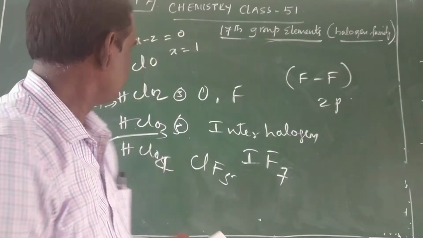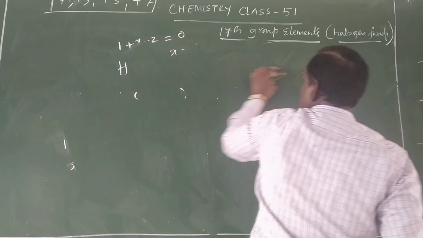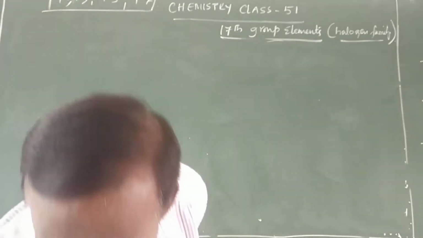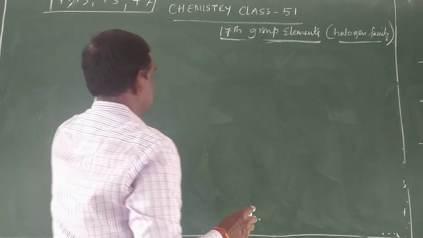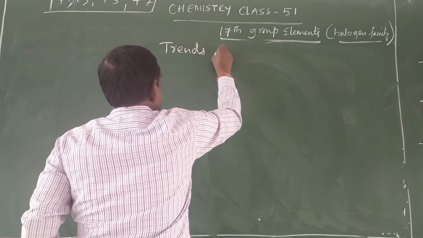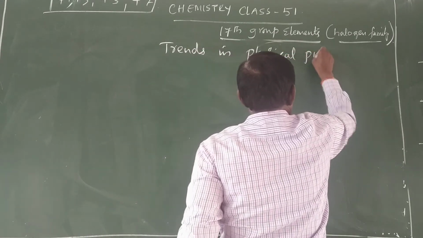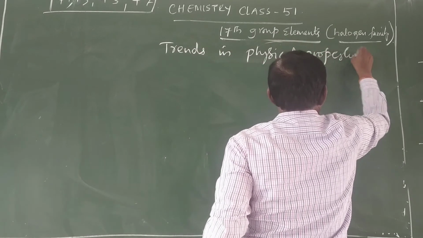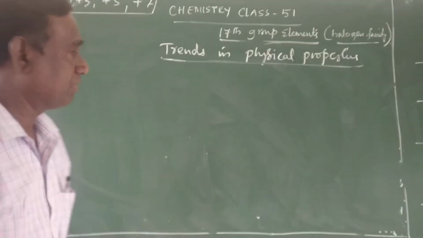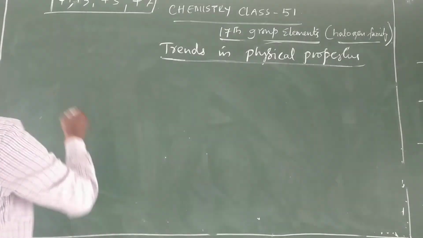Next, after this, we have one concept which is trends in physical properties. You know that trends in physical properties are what we have already discussed in the previous classes.